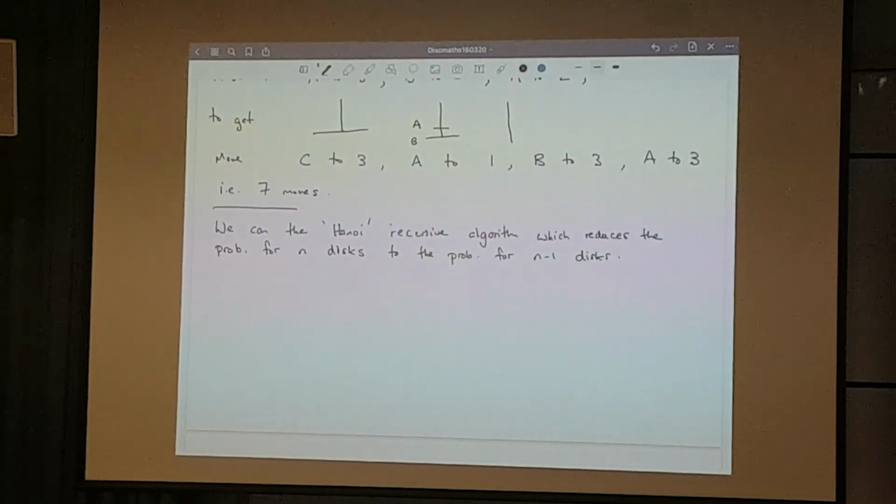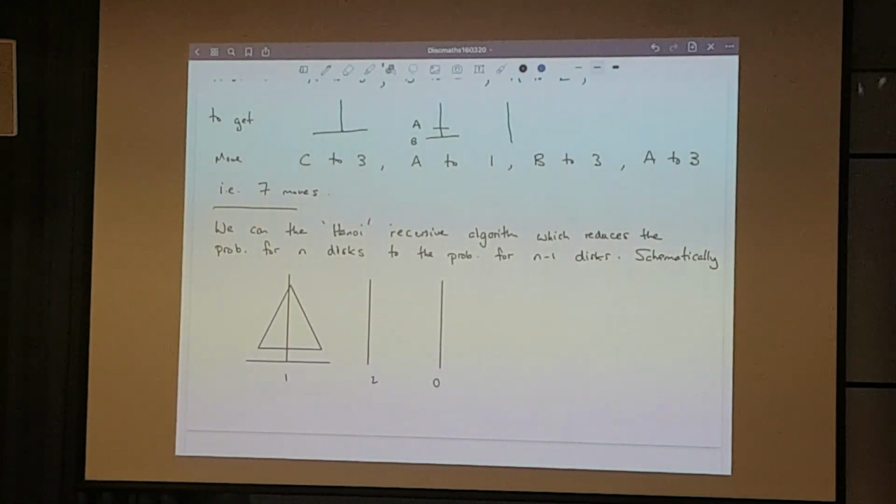So schematically, what do we got? We split the problem up. We've got our column of 3 disks here. This is 1, 2, and 3 here.